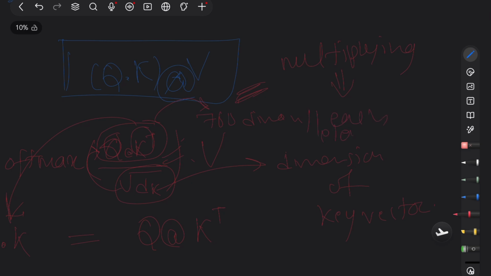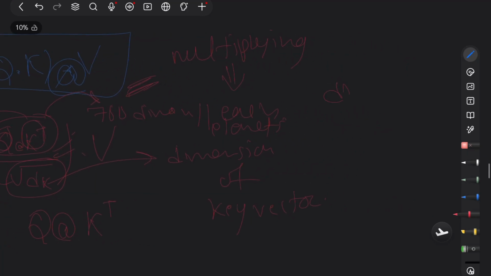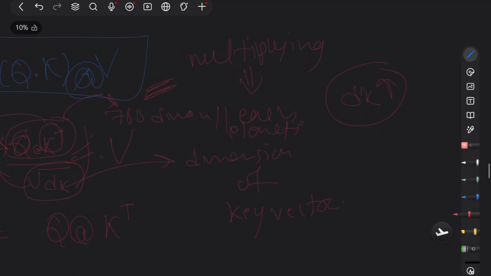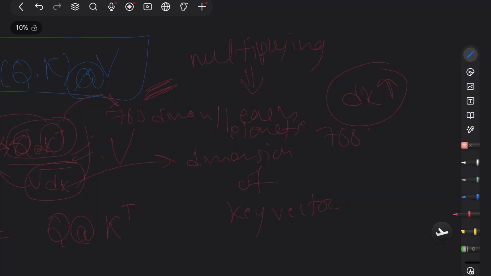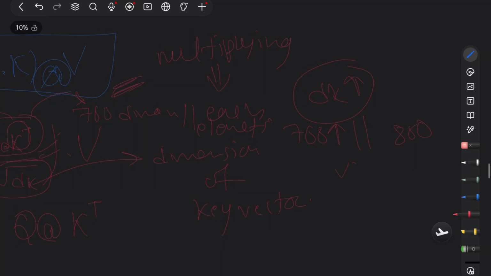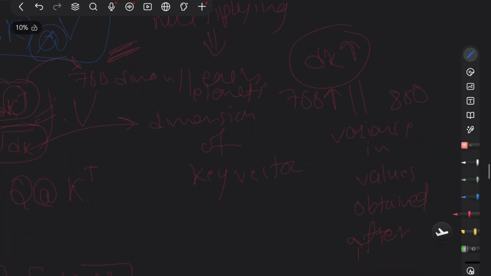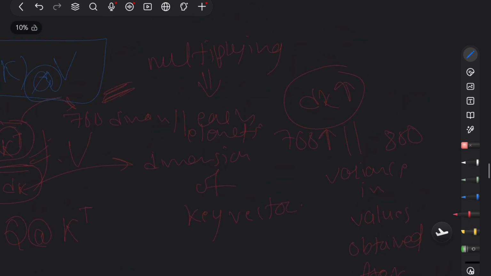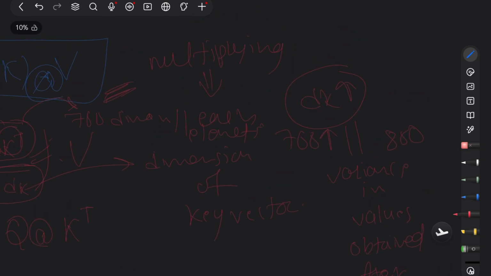each element, right? So as the dimension increases, that is, the value of 768 increases, say to a number like 880, the variance in the values obtained after multiplication also increases, and we divide by the square root of the dimension to ensure that the rise is not very big and stays in a certain range.